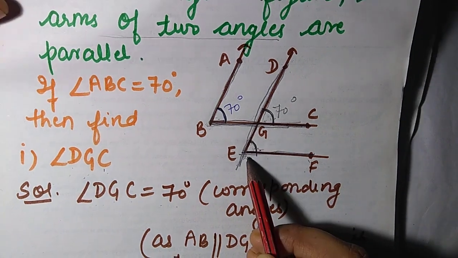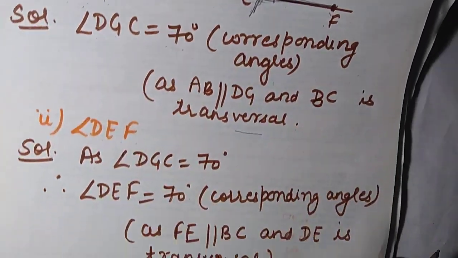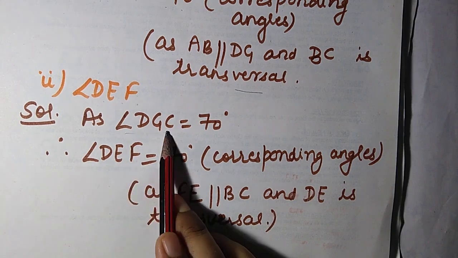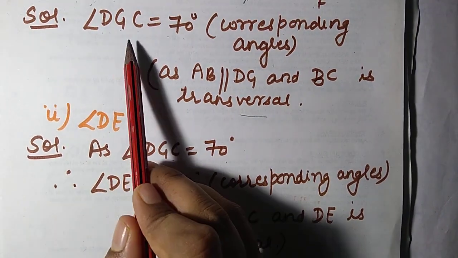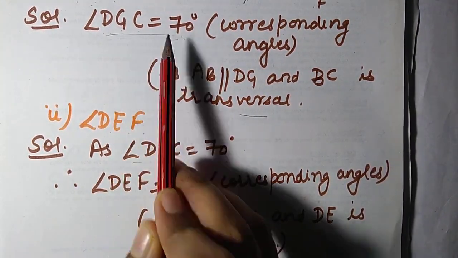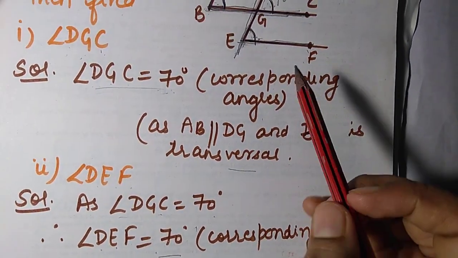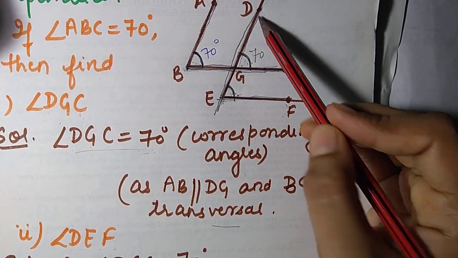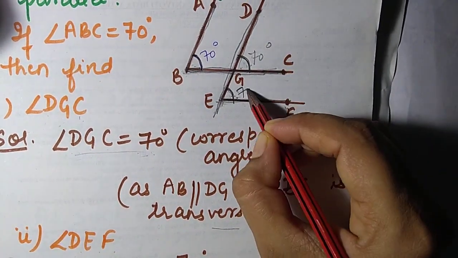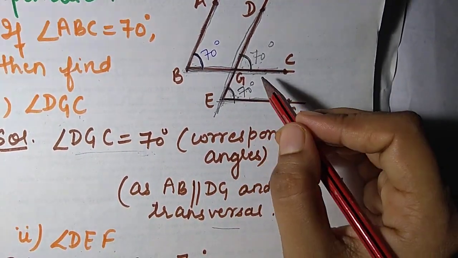How will you write this? As DGC is 70 degrees, which we calculated in the first part, DEF is also 70 degrees.